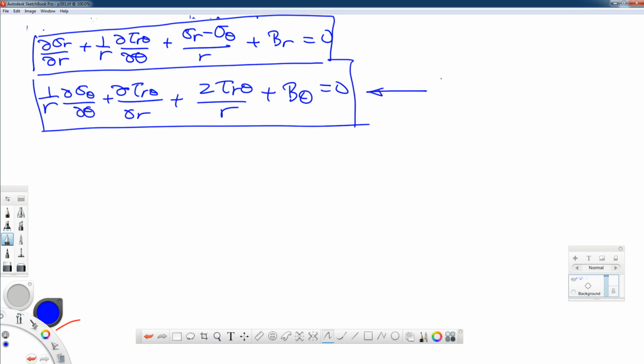I'll give my students a hint. This is often a final exam problem. So if you want to get ahead of the game, practice this before your final exam and see if you can derive that equation.